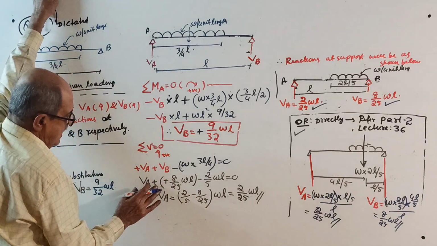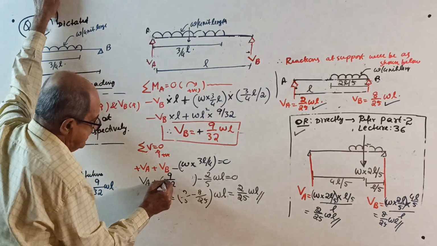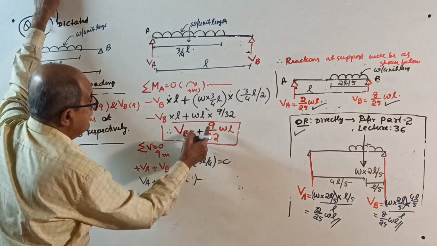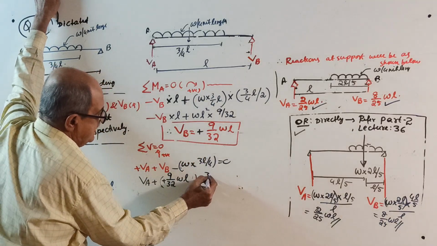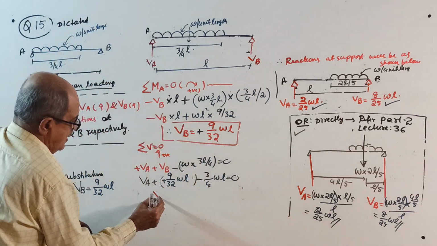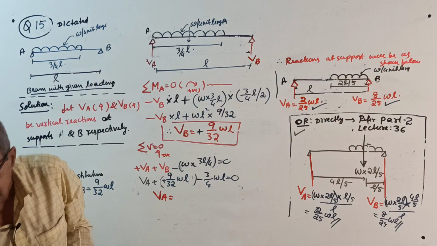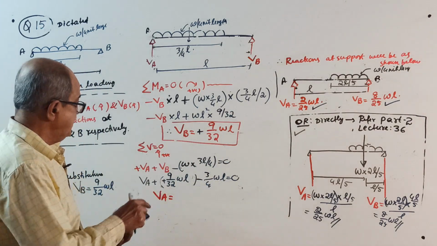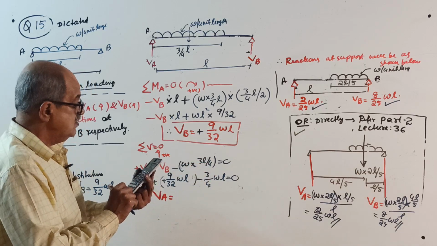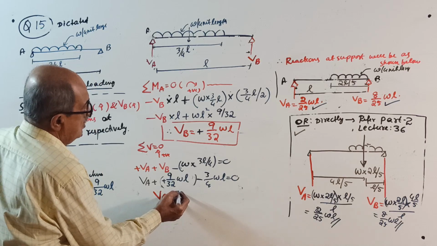Then your VA plus 9/32 WL minus 3/4 WL equals 0, or your VA will come, minus 3/4 that side becomes plus 3/4, 3/4 positive minus 9/32. High school student will do it. It will come 15/32. I got doubt.